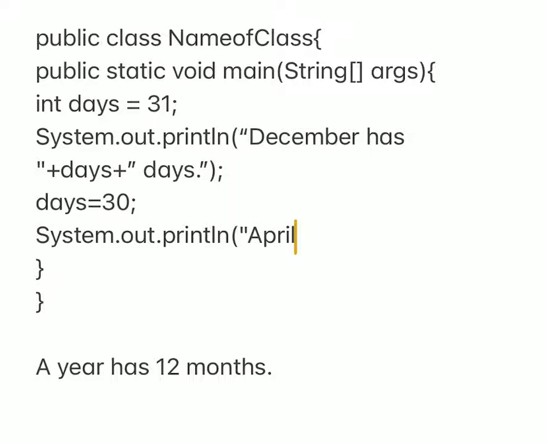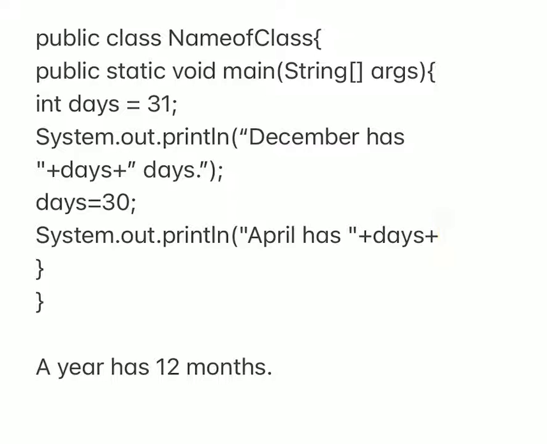April, open parenthesis, quotation mark, April has, space, so that it puts a space, plus sign, going back to our concatenation lesson. So yes, these are building on each other.